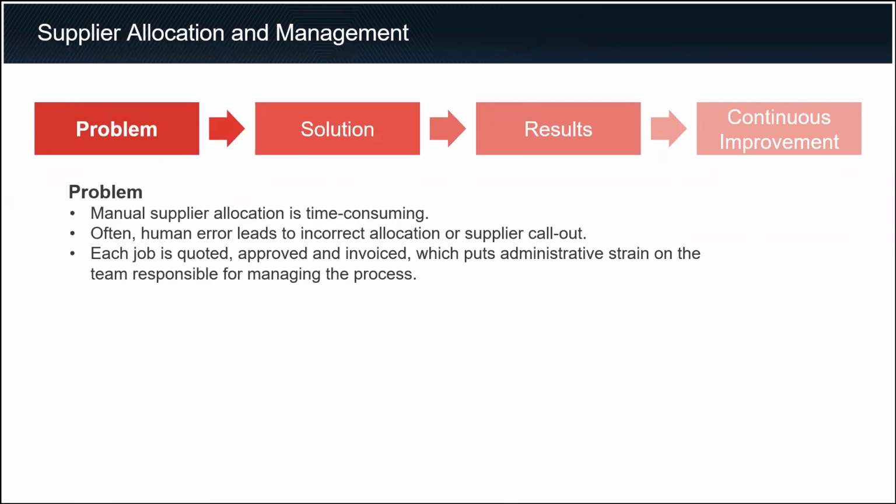Often human error led to incorrect allocation and supplier call out, so we needed to limit the human error behind it. And each job was quoted, approved, and invoiced manually before a solution was put in place, which puts administrative strain on the team responsible for managing this process.